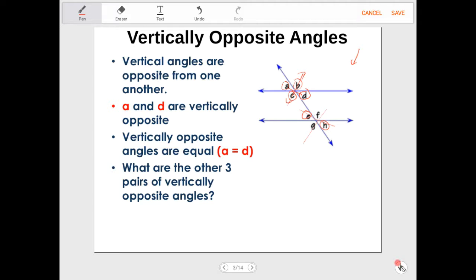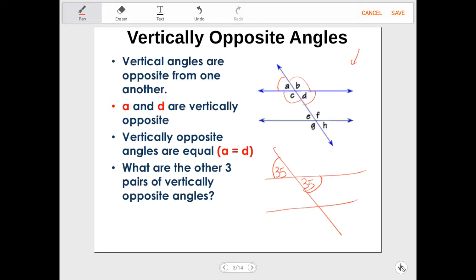And here is the deal. All you need to know is if you know one of them, you know the other. So for example, A is exactly the same as D. B is exactly the same as C. If this was a question you were given, and this angle right here was 35, you know for sure that this angle here is 35, 100%.